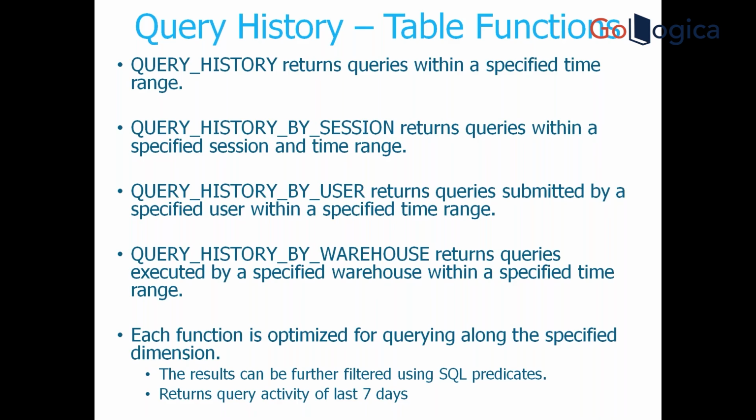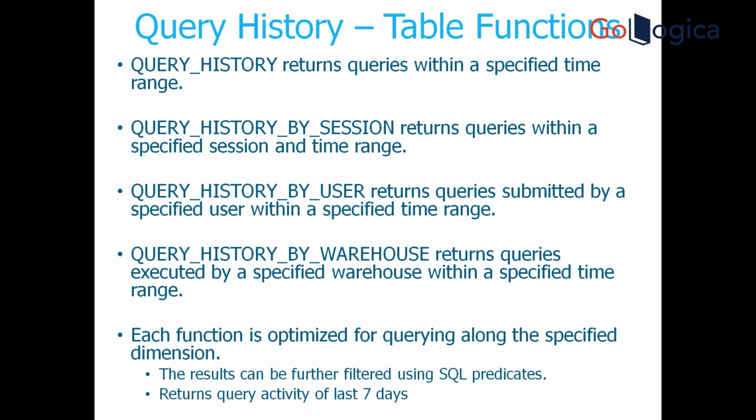Then history by user, where you can filter by a specific user, and history by warehouse, which gives the queries executed using a particular warehouse. Each function is optimized for querying along the specified dimension. These are the dimensions we have: session, user, or warehouse.